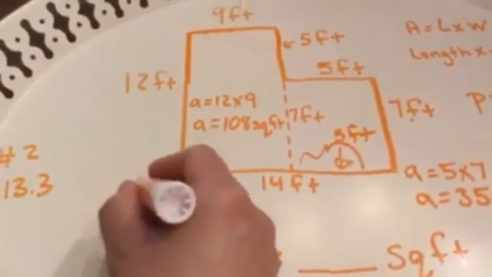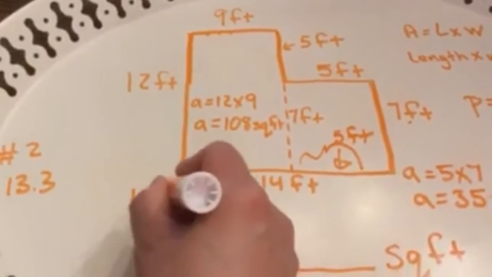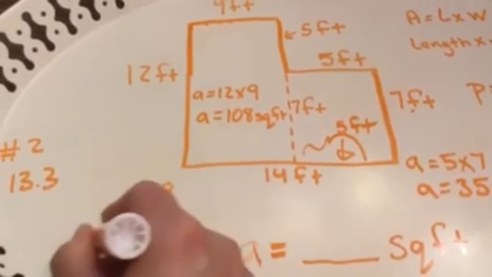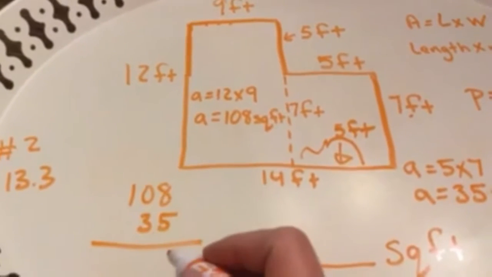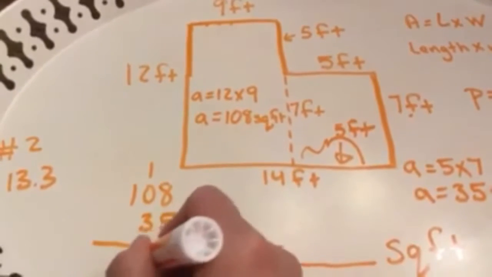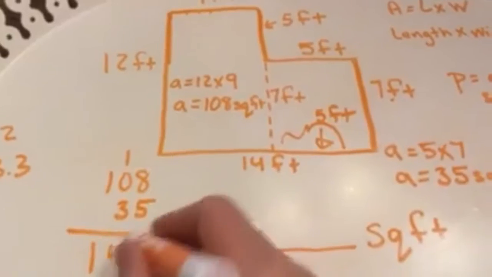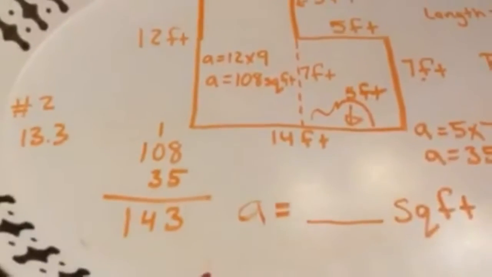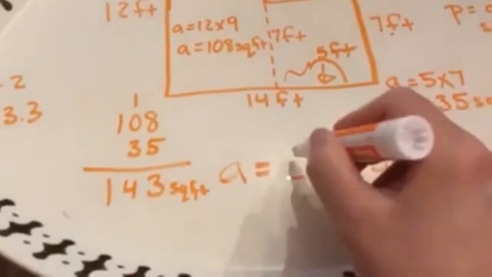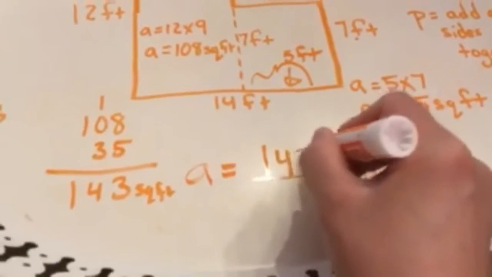So I'm going to do a little addition over here. I have 108 square feet plus 35 square feet. I know that 8 plus 5 is 13. I carry my 1. My answer is 143 what? Square feet. And I'm going to put my 143 right here.